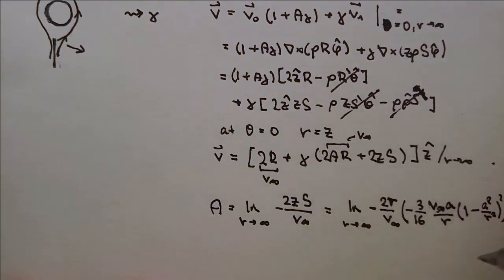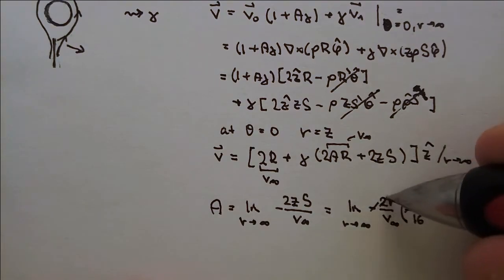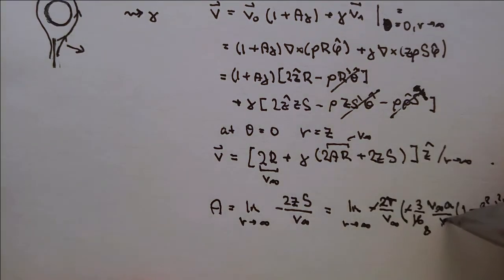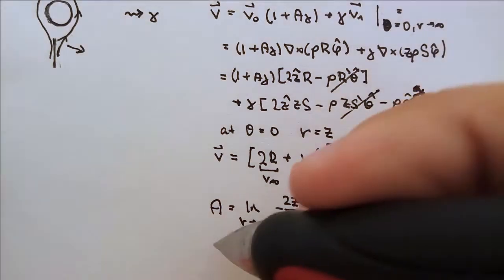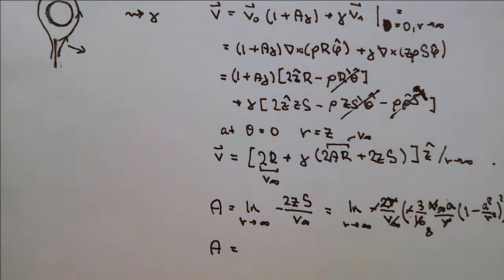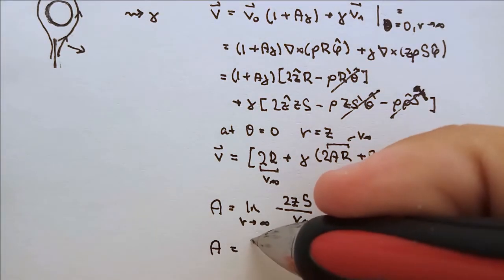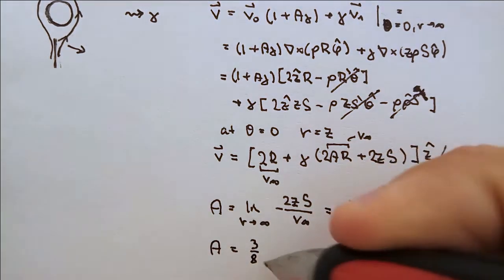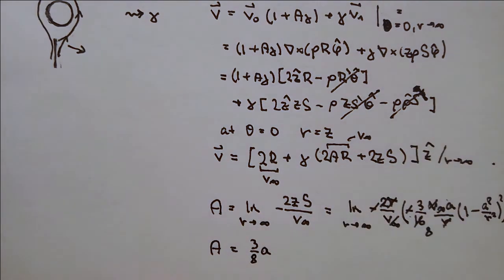If you take the limit, minus this, and this should be 8, and there is R V infinity. So it is going to be A equal to 3/8 times A.